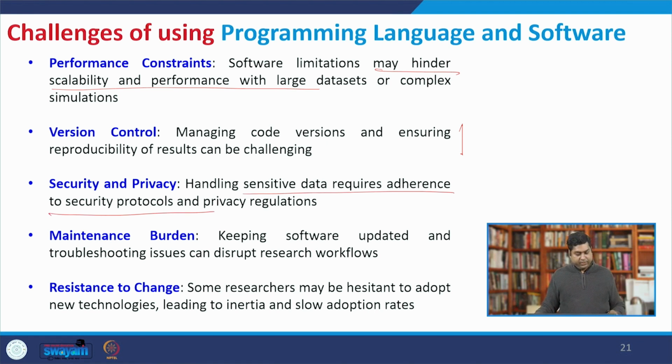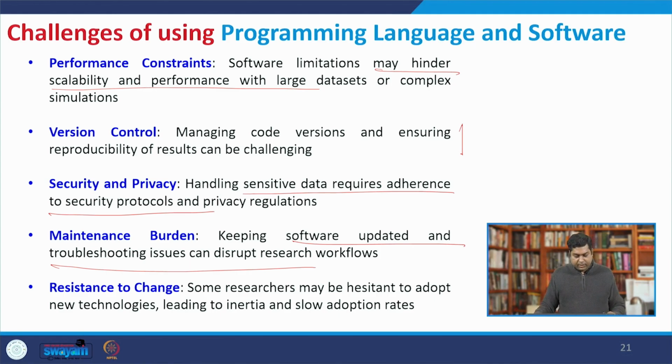Maintenance burden: keeping software updated and troubleshooting issues can disrupt the workflow, and many a times you find that the software you use now is no longer that effective in the research community. The advanced version is there, so certain issues may come.